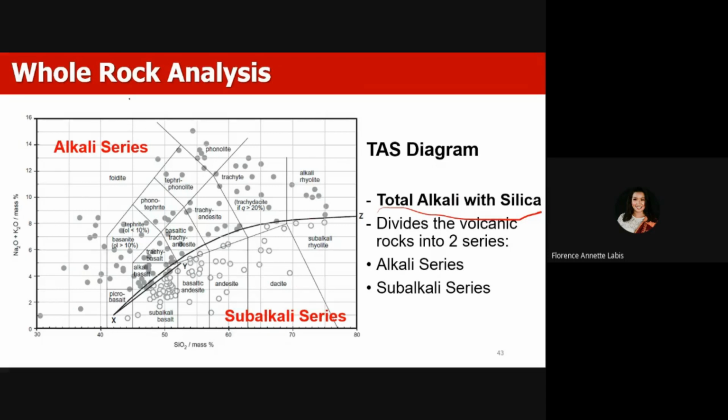So again, this is a variation diagram, a bivariate plot, right? You have x and y. So this is your alkali. When you say alkali, it is sodium and potassium. And silica is this. SiO2 is either silicon dioxide or silica. Silica is the other term.